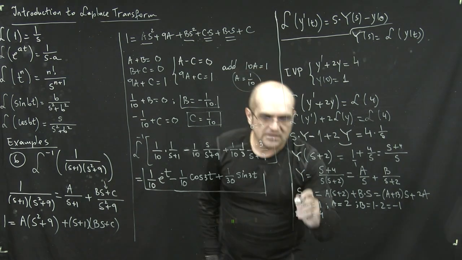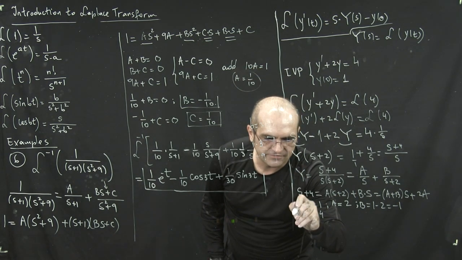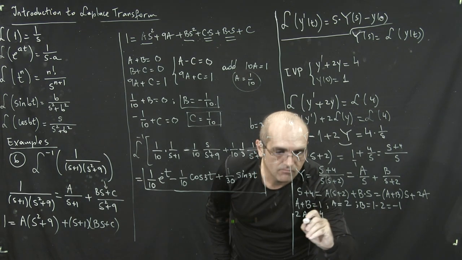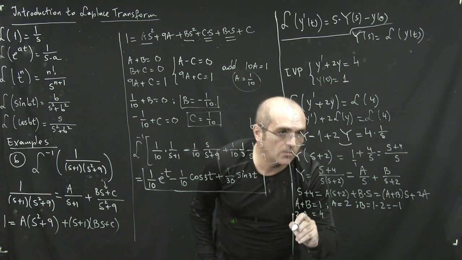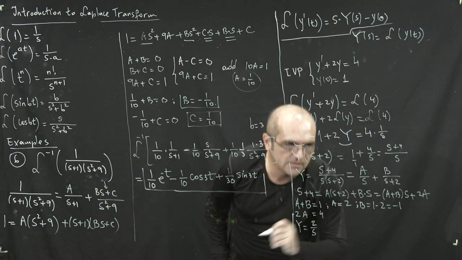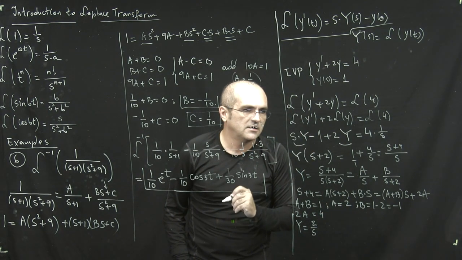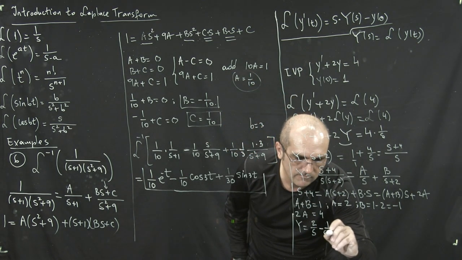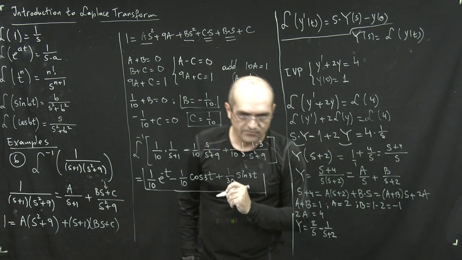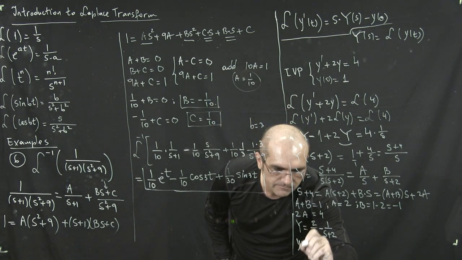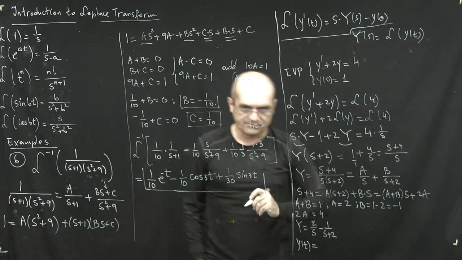So the Laplace transform of the function that I need to find is a over s, that's 2 over s, and then minus 1 over s plus 2. Okay, we can take the inverse Laplace to find little y of t at this point.